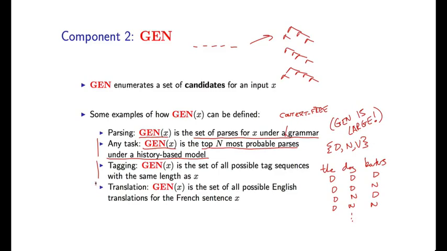And finally, in a translation setting, GEN(x) might be the set of all possible English translations for some French sentence. Maybe all possible translations, for example, under a phrase-based lexicon with some particular distortion limit. But abstractly, the important thing to remember is that GEN, in general, is some way we have of enumerating a set of candidates for an input sentence x.